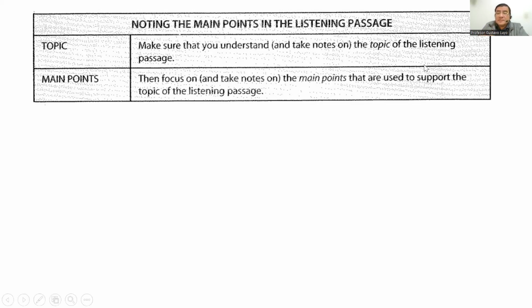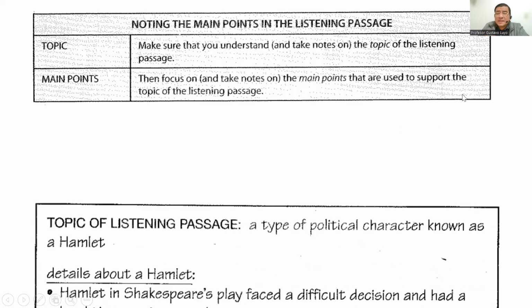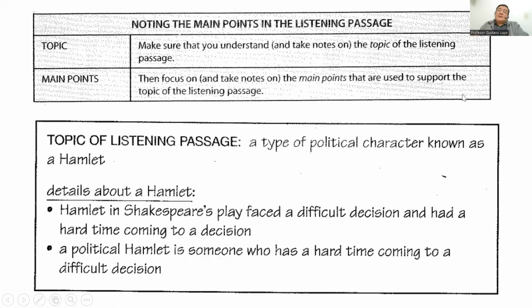Probably you are thinking about Hamlet, right? Yes, it has to do with Hamlet, a famous character in Shakespeare's play. But what aspect of Hamlet was being discussed? Take a look. The professor mentioned that there exists a type of political character known as a Hamlet, right?